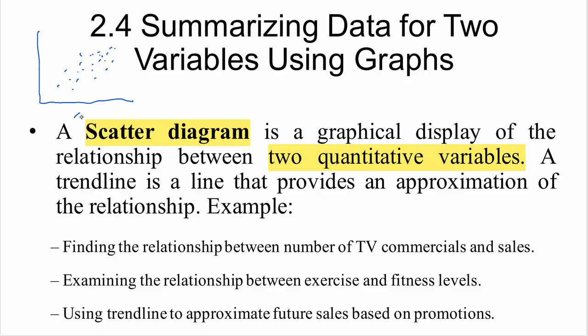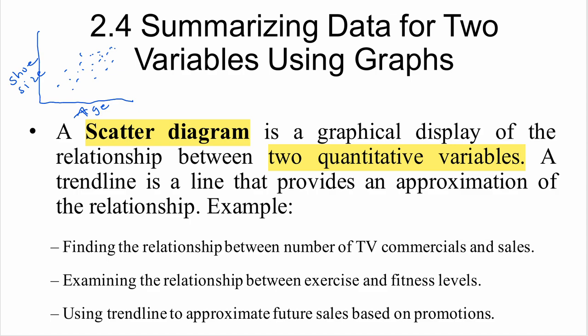For example, if we want to know the relationship between age and shoe size, we can talk to a couple of people and collect their ages and their shoe sizes and represent that on a scatter plot. Now, in business, there are so many different examples we could use.